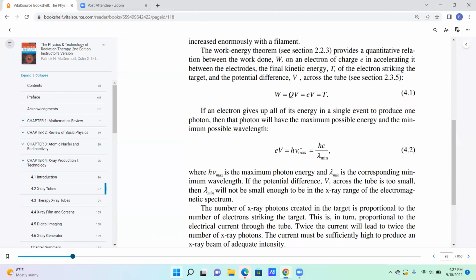So we can see here the maximum frequency is going to be the same as trying to get the minimum wavelength.